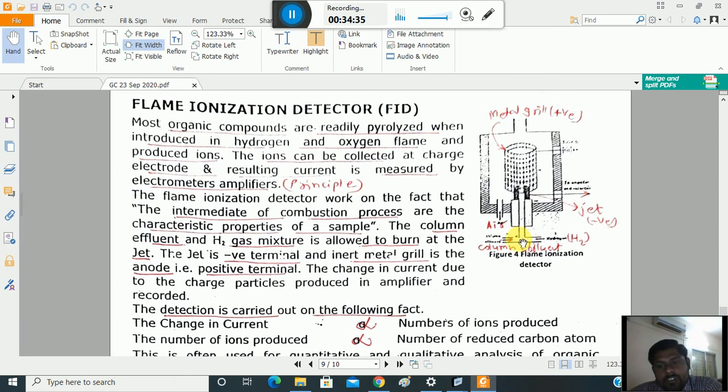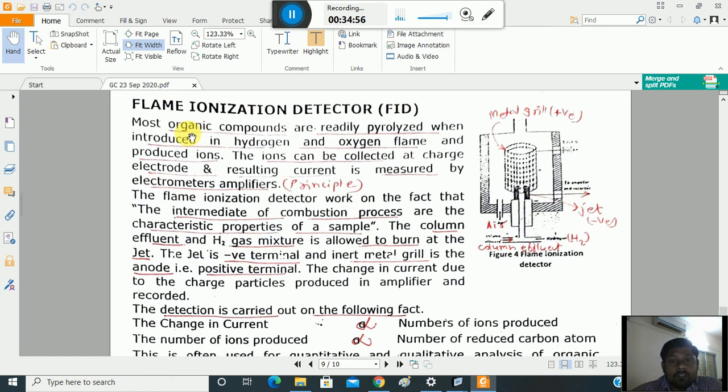That mixture is known as column effluent. That is hydrogen gas, that is the air. So air plus hydrogen plus column effluent, three inlets are there. Now that is connected with the battery here, and that to the amplifier and recorder.